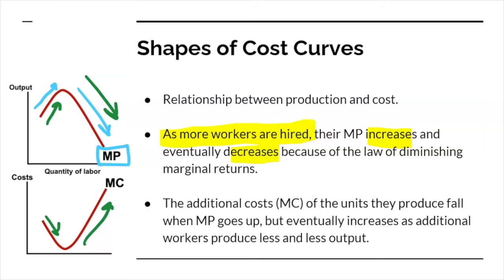However, we get to the point of decreasing returns and negative marginal returns where marginal product just decreases, because so many workers are getting in each other's way that eventually they become less and less efficient. And so the marginal cost, as workers are getting less efficient, starts to go back up.